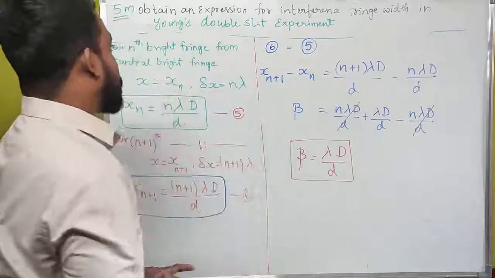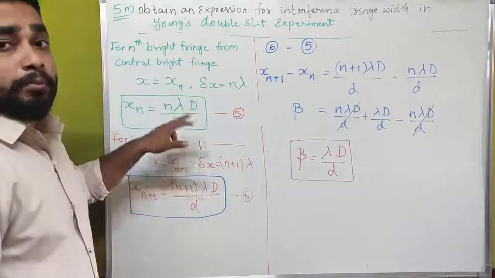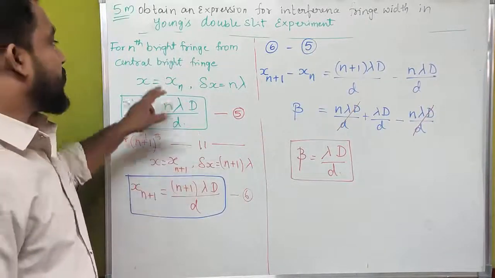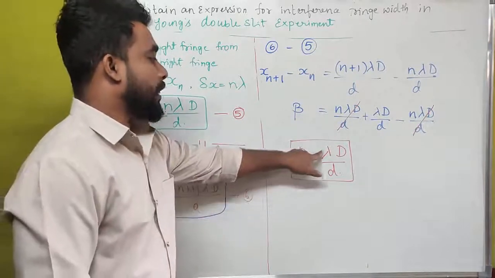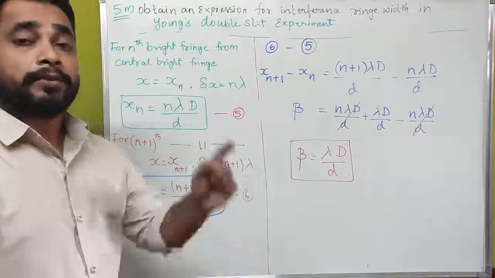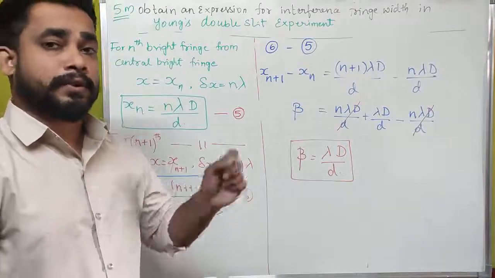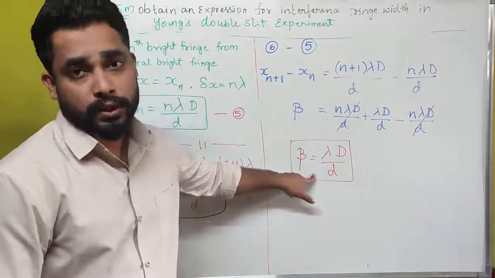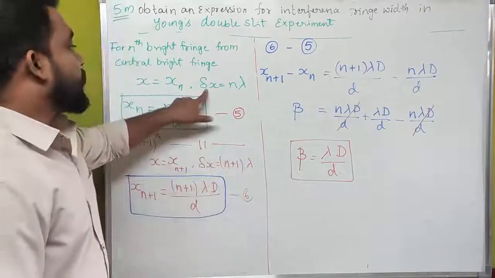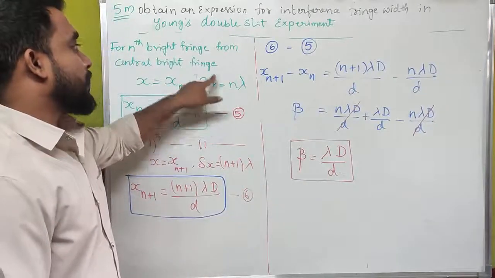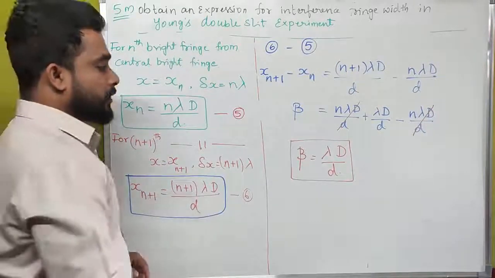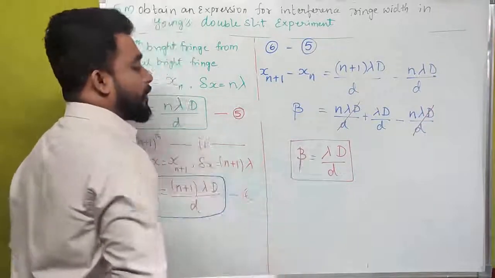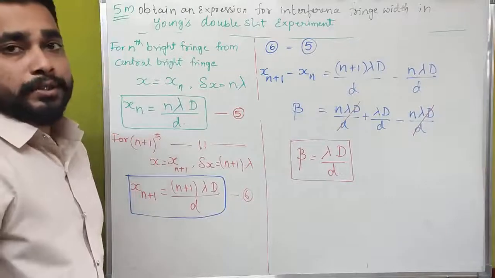Here we have considered two consecutive bright fringes, and we have got beta is equal to lambda into D divided by d. For two consecutive dark fringes also, we get this expression only. Instead of the path difference of bright fringe, we have to substitute the path difference of dark fringe. Then only we will get beta is equal to lambda into D divided by small d.